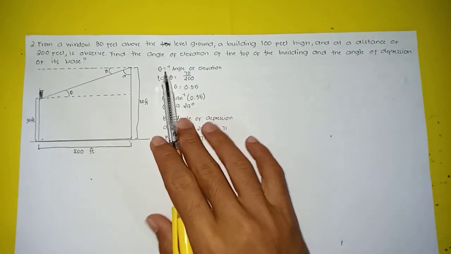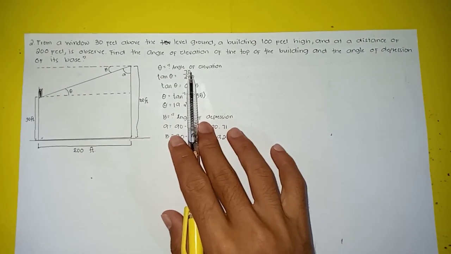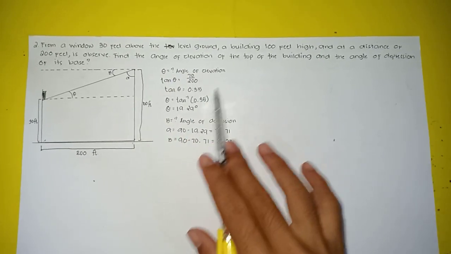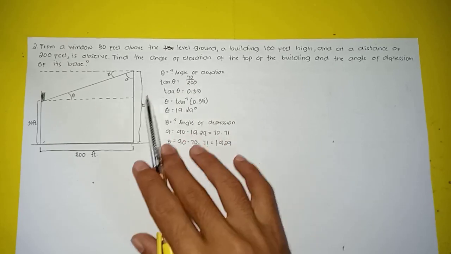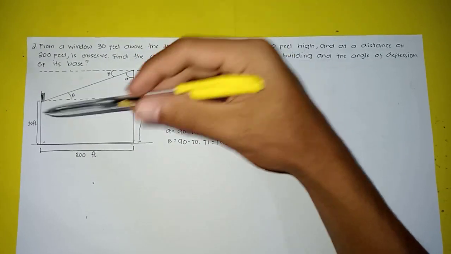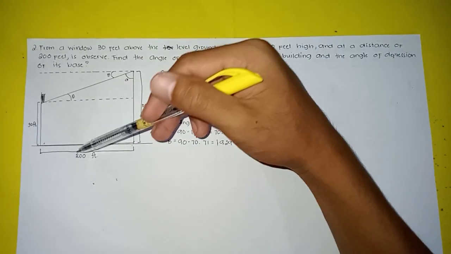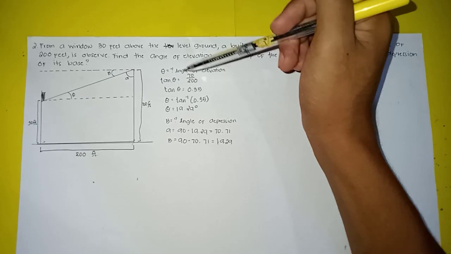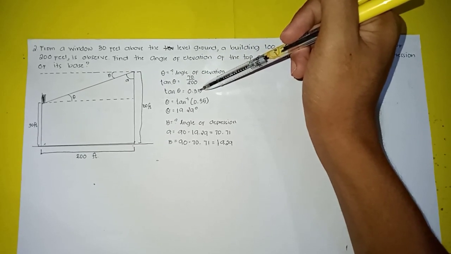So theta is the angle of elevation. So tan theta equals 70, which came from here. 100 feet minus 30 feet is 70. Then you divide by 200. So tan theta equals 0.35.